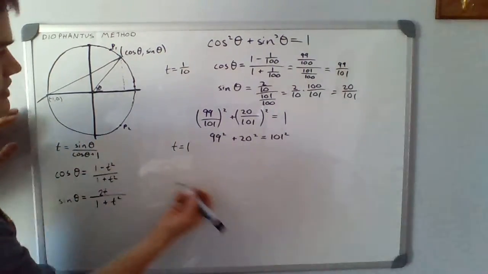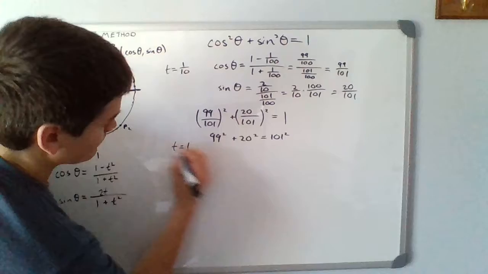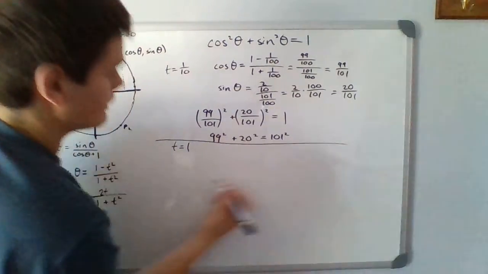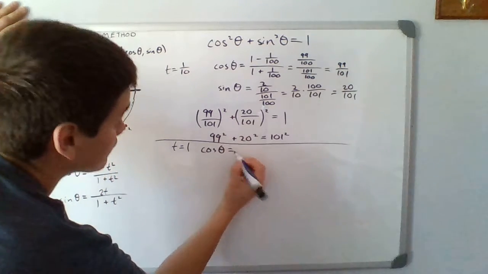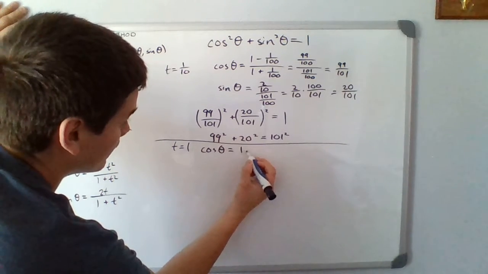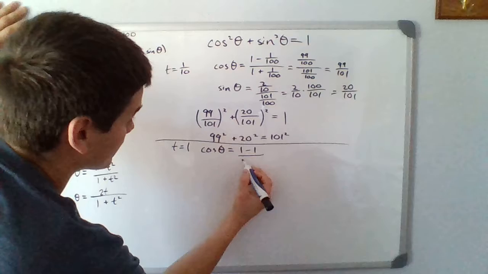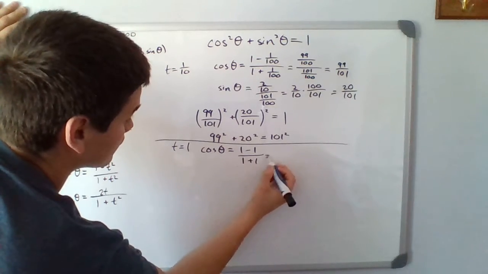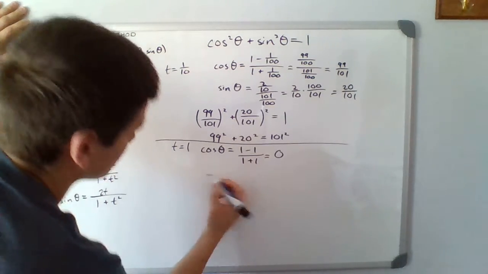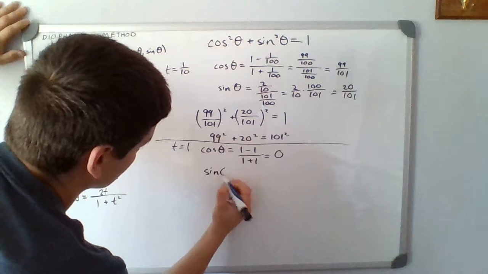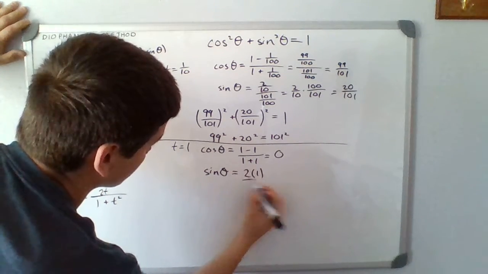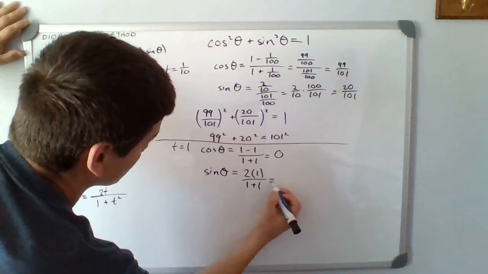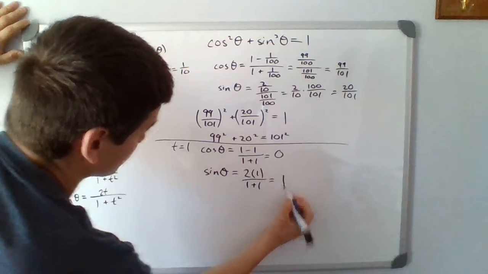So if I take t to be 1, let me just draw a line, then cosine theta is equal to 1 minus 1 divided by 1 plus 1, in other words 0, and sine theta is equal to 2 times 1 divided by 1 plus 1, or 2 divided by 2, or 1.